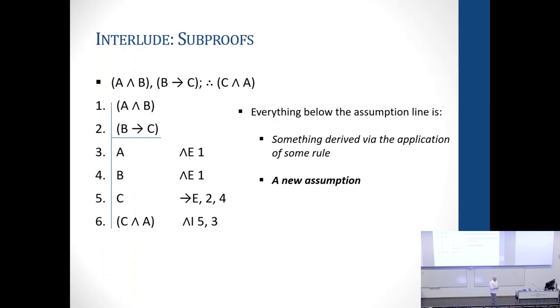Instead, what we're going to do is we will take on additional assumptions, and to make a good exhibit joke, we'll do a proof within our proof. This proof within our proof is going to start with the sentence we want as our additional assumption, and it will get to some result. But importantly, we then need to close off that additional proof.